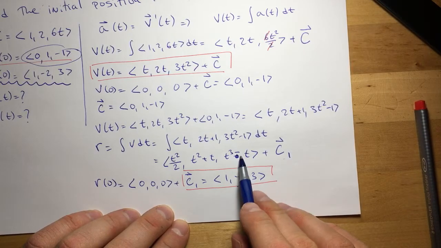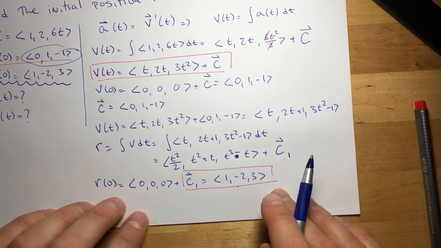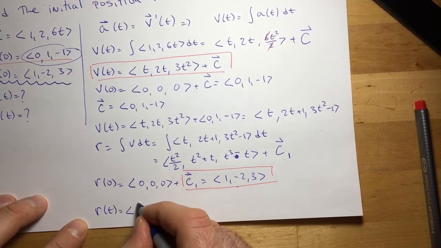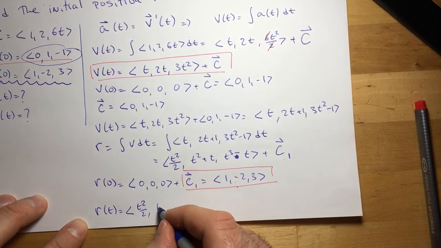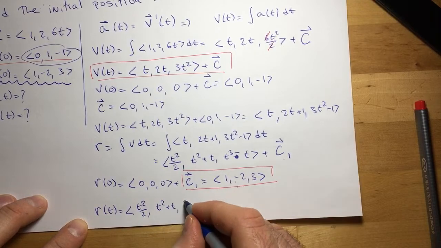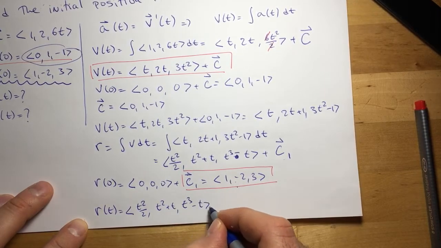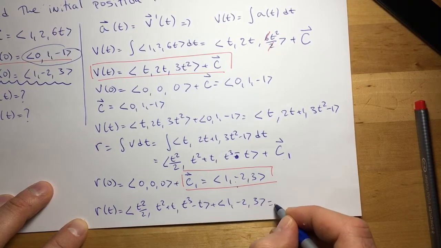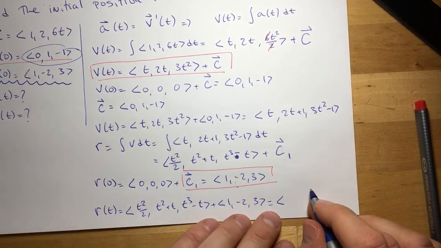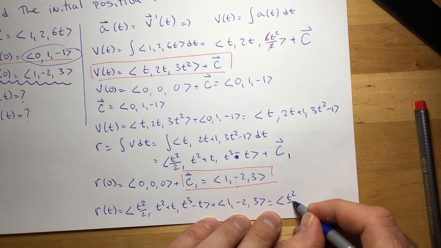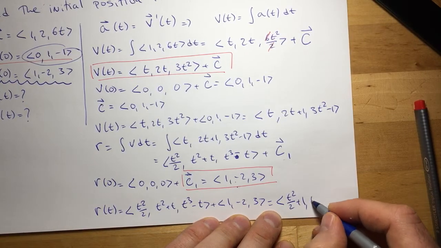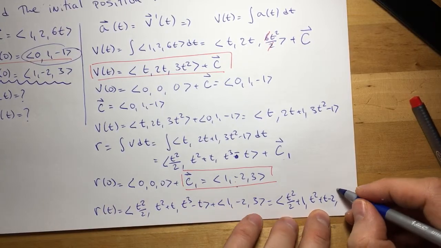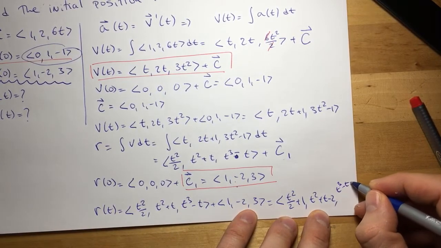Now add these two vectors and you find r of t. That's t squared over 2 plus 1, t squared plus t minus 2, and the last one, t cubed minus t plus 3.